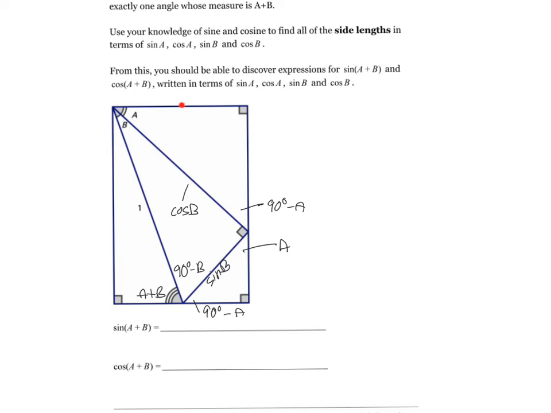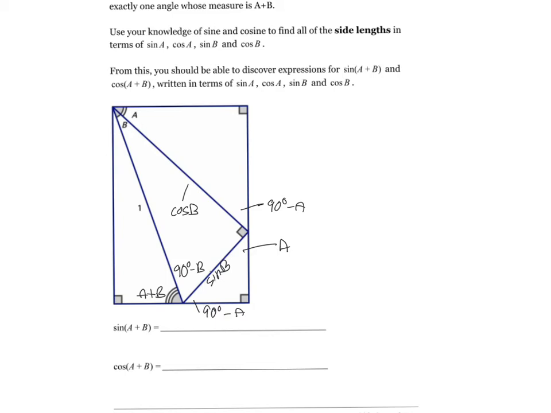It would be simply cosine of A. If this were 2, then this triangle would be twice as large as that, and this wouldn't be cosine of A. It would be 2 cosine of A. It would be twice as large. If this were 10, this would be 10 cosine of A. See the pattern? Well, this hypotenuse is cosine of B. That means that this is cosine of B times larger or smaller than cosine of A.